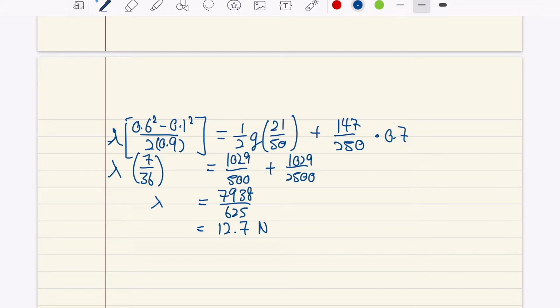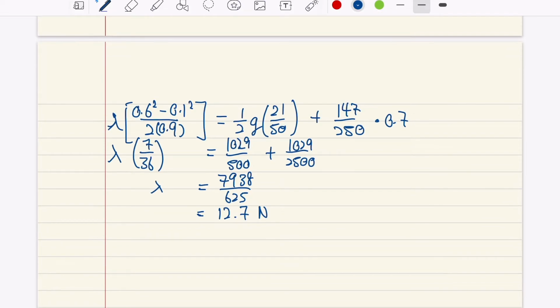Since we use g, and g is two significant figures, we must use the minimum significant figures we have in the question or in the working. So it will be 13 Newton to two significant figures.